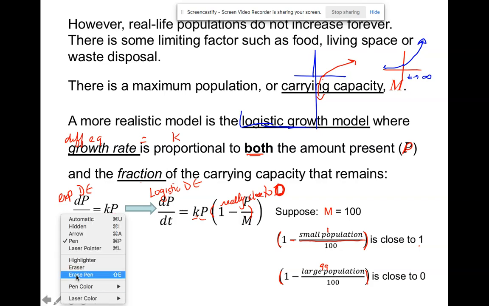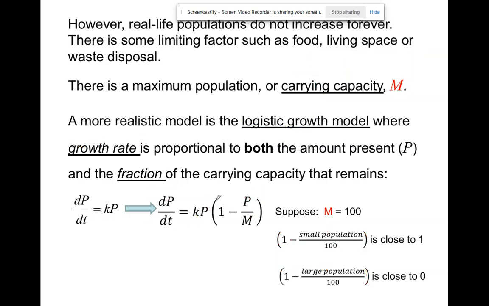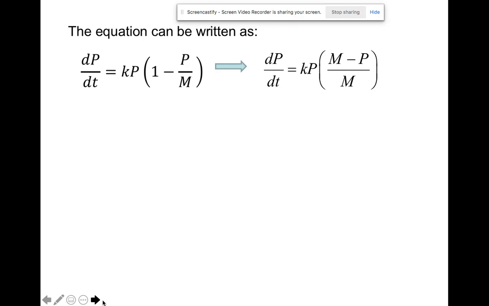Logistic differential equation. So in here, the multiplier is 1 to represent the whole minus a fraction of the carrying capacity. How much population do you have compared to what is your carrying capacity? Now, I'm going to write this differential equation a couple different ways. And just notice that's just fraction work, right?